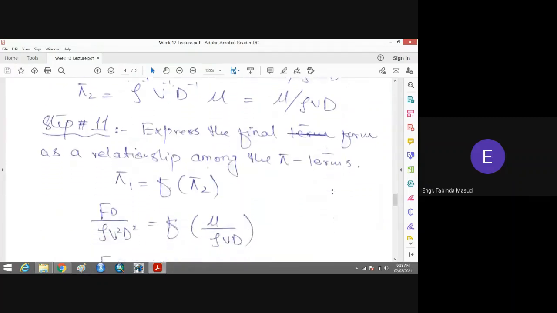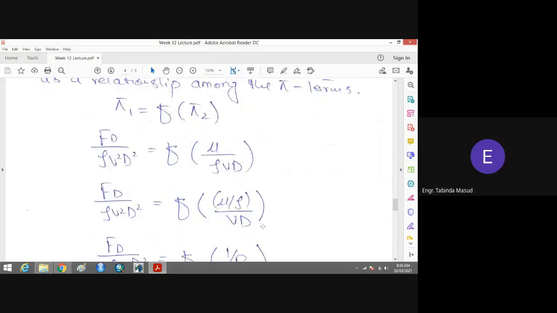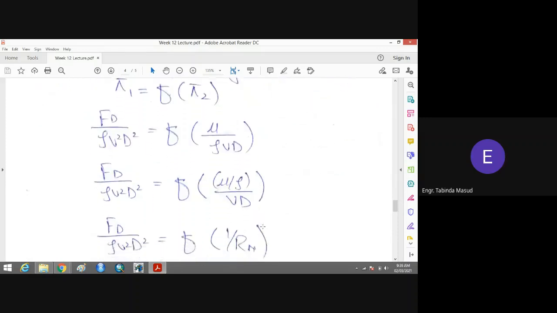Now you can write that pi 1 is a function of pi 2. Putting the values of pi 1 here and pi 2 here, you will get the same expression as you got in the case of Rayleigh's procedure. Once again, you can see that this is a kind of Reynolds number.